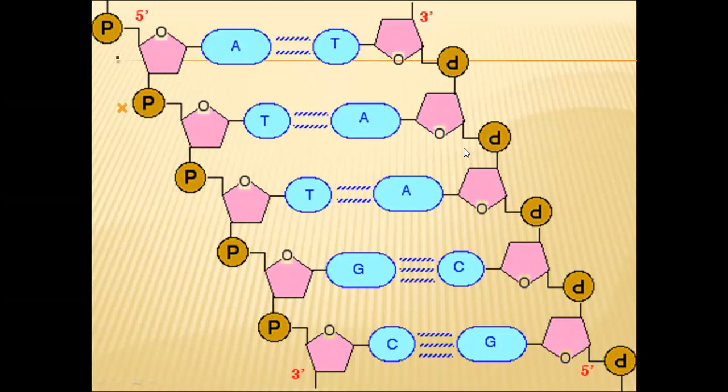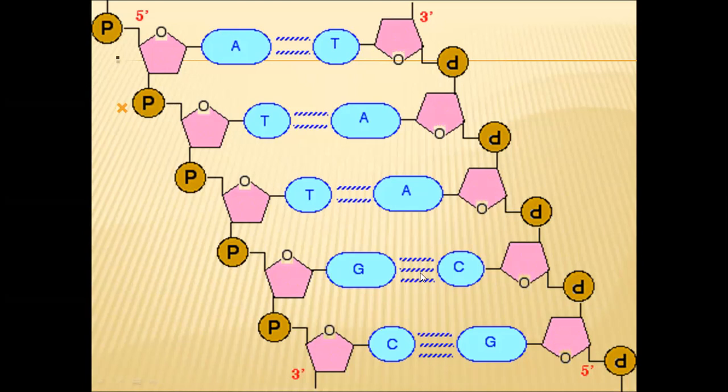When both these polynucleotide chains come together, the nitrogenous bases will form base pairs between them. As we have already seen in the previous slide, thymine will form two hydrogen bonds with adenine, and guanine will form three hydrogen bonds with cytosine.